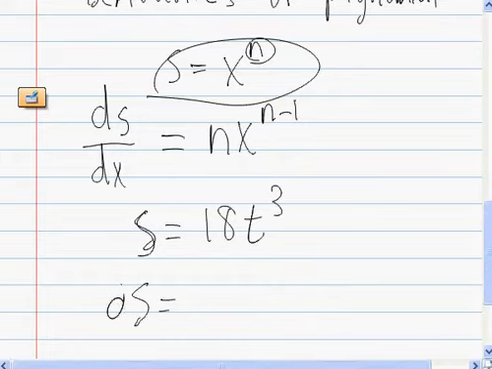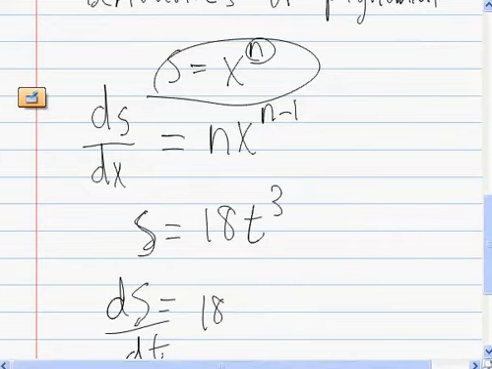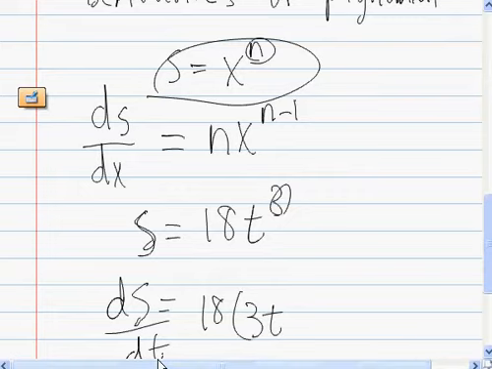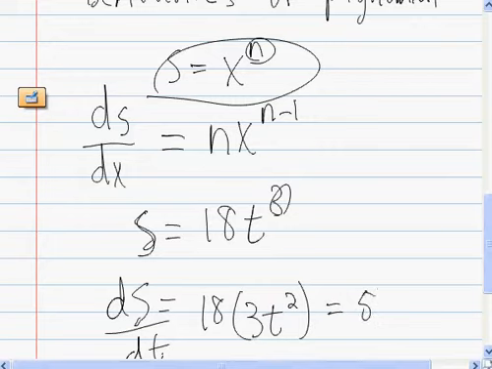Again, the derivative of the function s with respect to t is going to be 18 times the part with the t in it. n is 3, so it'll be 3 times t, the variable we're taking it with respect to, and we're going to subtract 1 here, so it's going to be t squared. This is 54t squared.